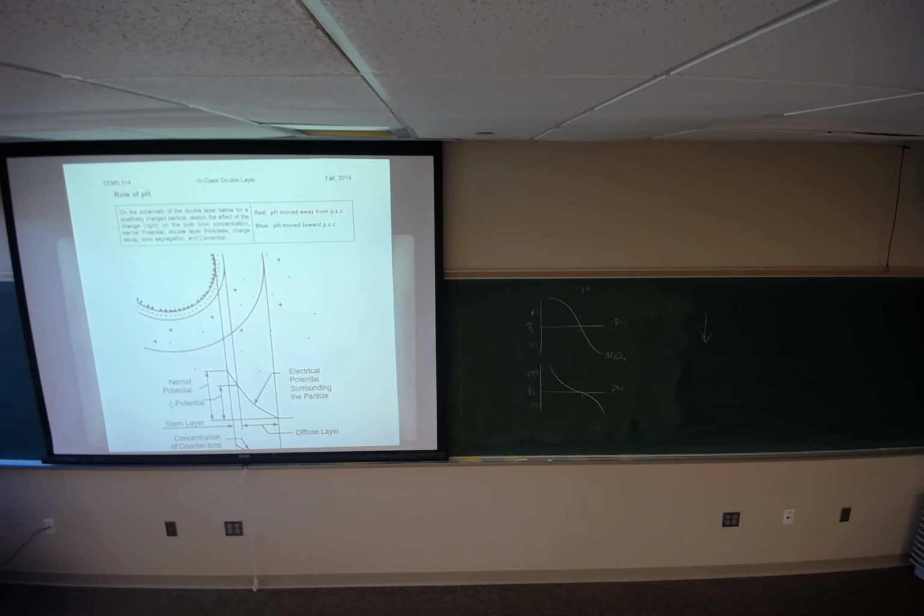Yes, but there's a sign on the Nernst potential, correct? What's the sign on the Nernst potential? It's a stated condition of the question for a positively charged particle, right? And I drew pluses in here that you may or may not be able to see, but it's a positively charged particle. That means that you must be at a pH below the point of zero charge, right?